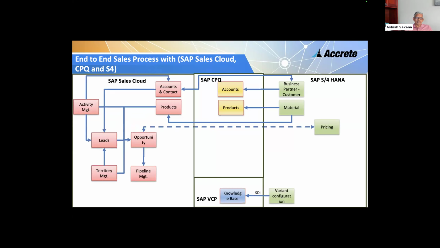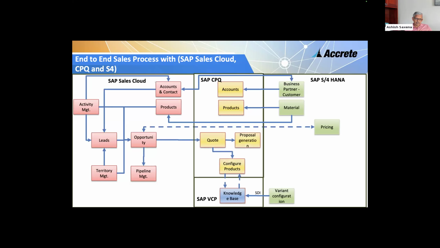But if you are already using SAP S4 and have complex variant configuration, and you're using it in a sales order and a production order for manufacturing, etc., the simplest way is you replicate the variant configuration as a knowledge base into SAP VCP using the SDI framework. It's done on a daily basis. So if there is any change to any existing configuration, it can be sent over to SAP VCP.